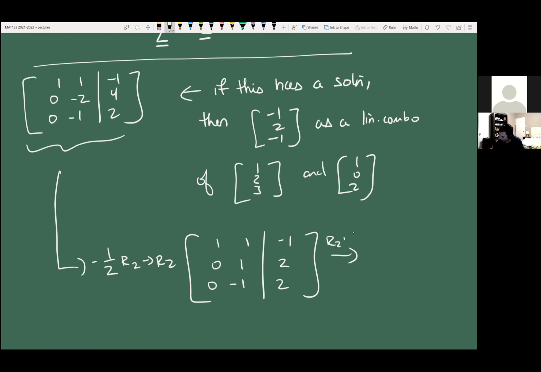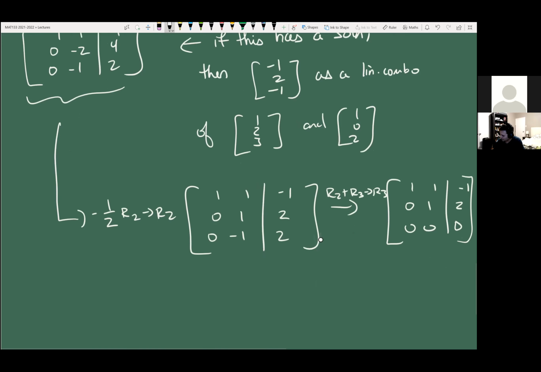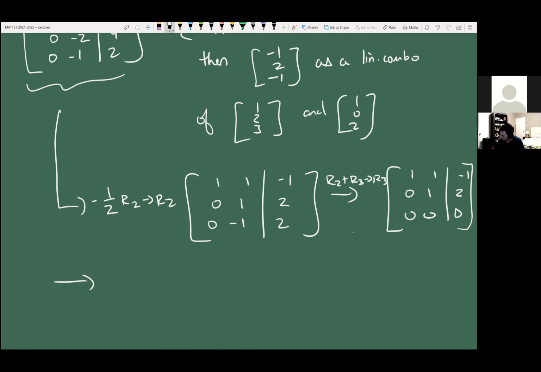Add row 2 to row 3. 1, 1, -1, 0, 1, 2, 0, 0, 0. That's fine, still has a solution. And let's do the last step. So let's do negative row 2 plus row 1 into row 1.